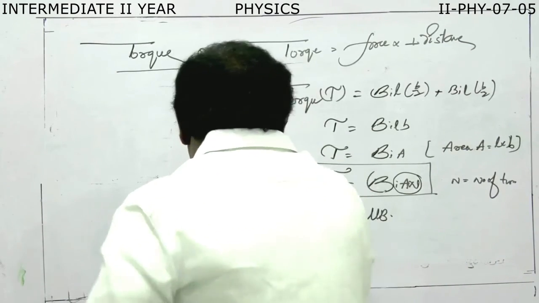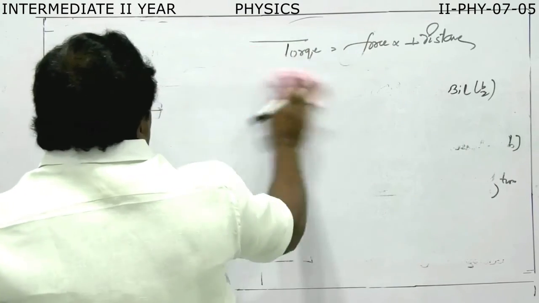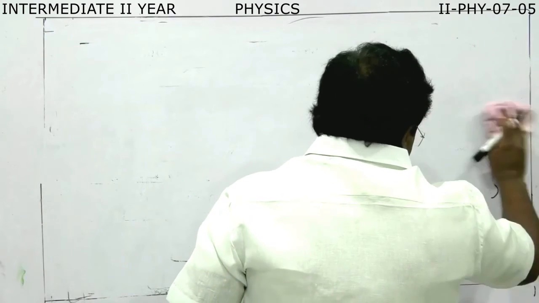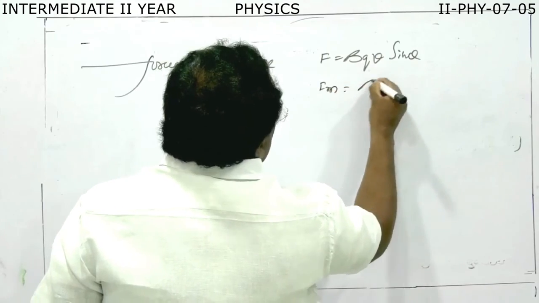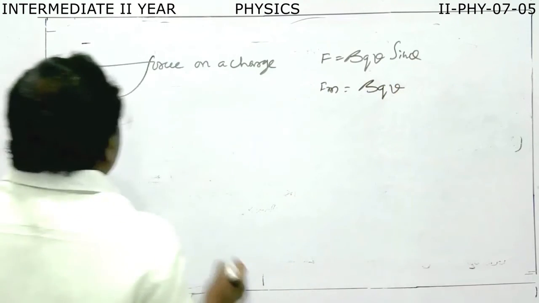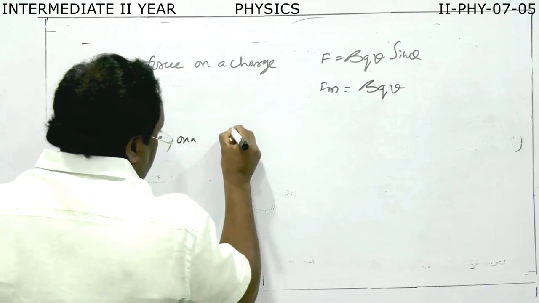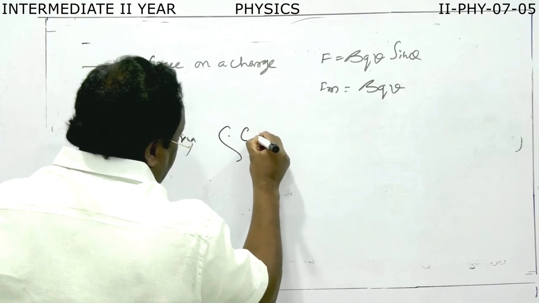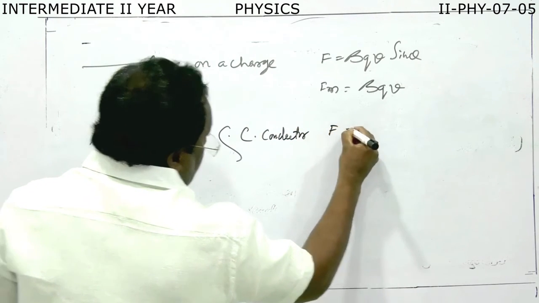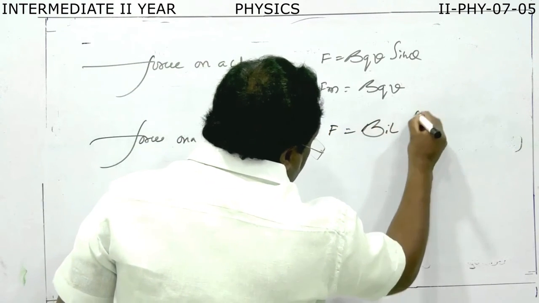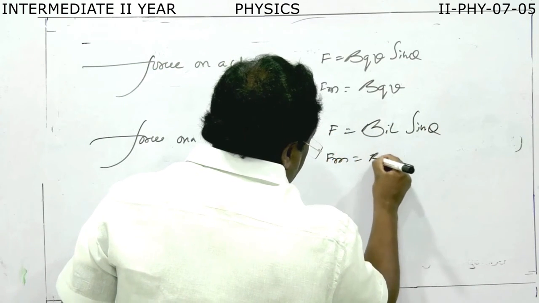now we write the list of all the formulas. The force on a charge is BQV. Next, force on a current carrying conductor, F max is BIL.